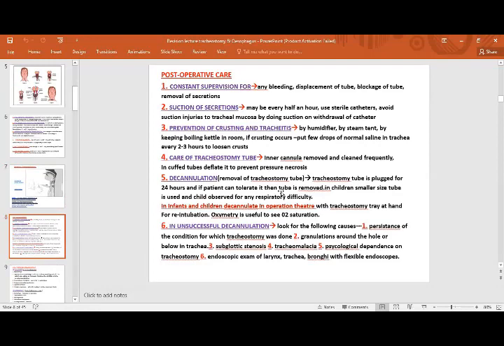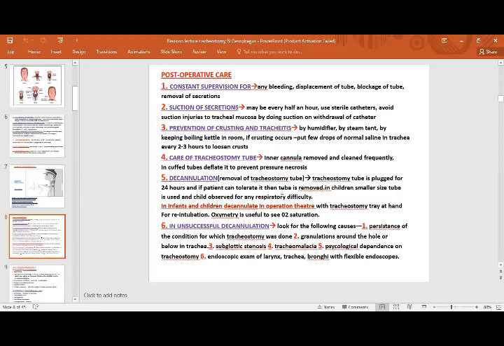So again, post-op care is very important. Just imagine, whenever we do a tracheostomy, what exactly do we lose? We have a loss of our voice. We can't talk. So we need constant supervision for this. Either you can place some bell close to the patient, or some attendant should be present for 24 hours.